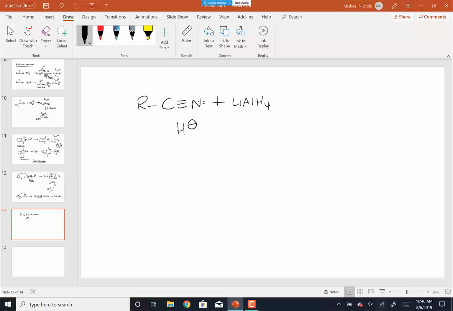What's it going to attack? Carbon or nitrogen? Then what happens? Pair of electrons goes to the nitrogen.